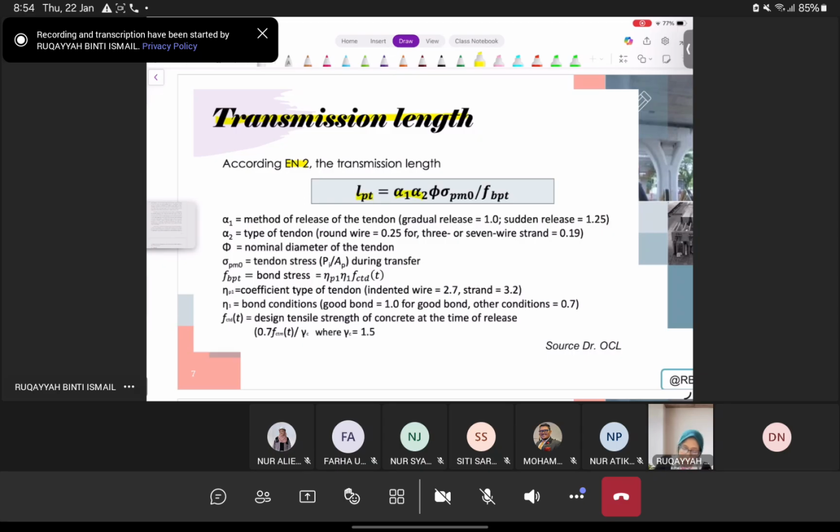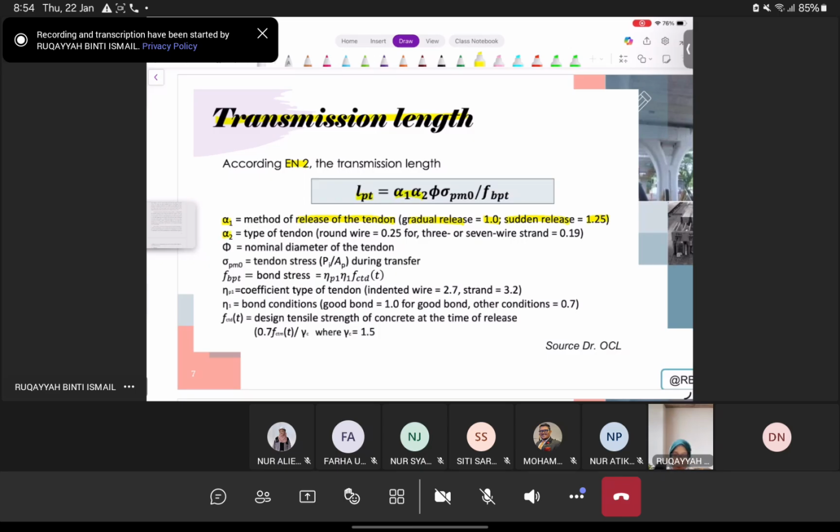Alpha 1 depends on the release of the tendon. It could be gradually released or it could be a sudden release, so both will have different values. One is 1 and one is 1.25. So when we calculate our transmission length, we also have to know what kind of method of releasing the tendon we are going to use.